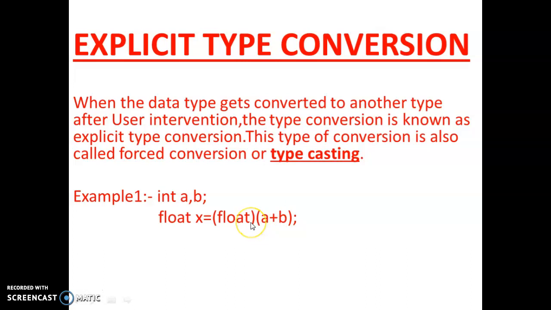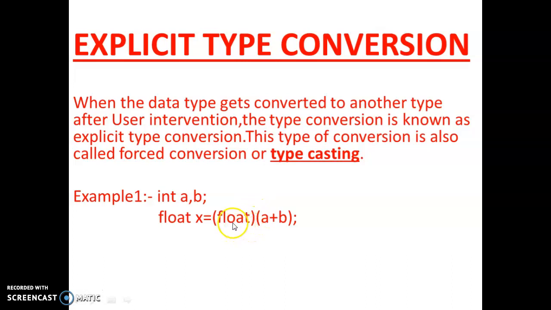I want to change it to another type. So before the operation, suppose a plus b within brackets, before the brackets you write any variable type within brackets.